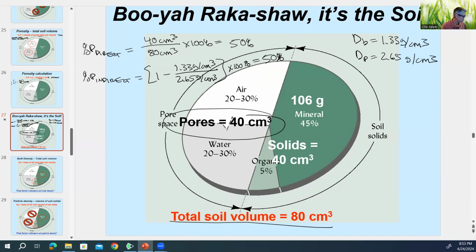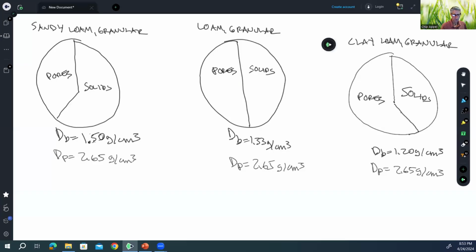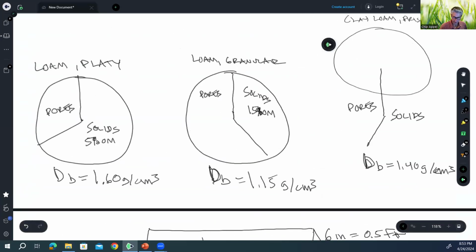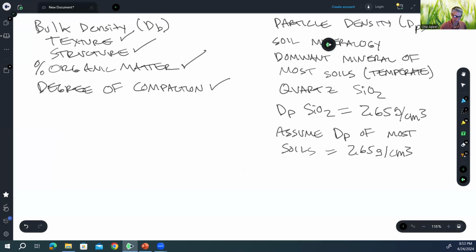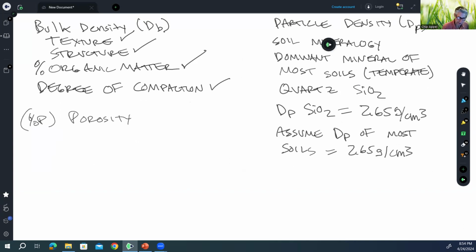Now, if we go back to this right here, and over here, we were talking about the things that influence bulk density, particle density, and now we're going to talk about porosity. Percent P is porosity. So it says that bulk density is influenced by texture, structure, percent organic matter content, degree of compaction.